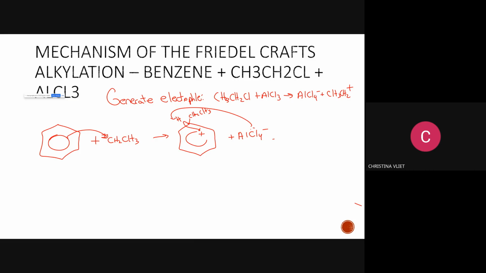And you get the final product. That's it. Another electrophilic aromatic substitution. We got a couple more reactions to cover today. How very exciting.